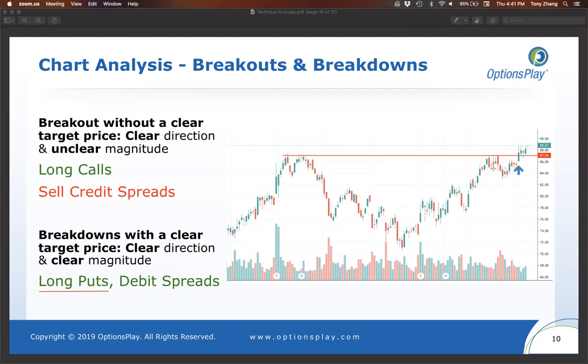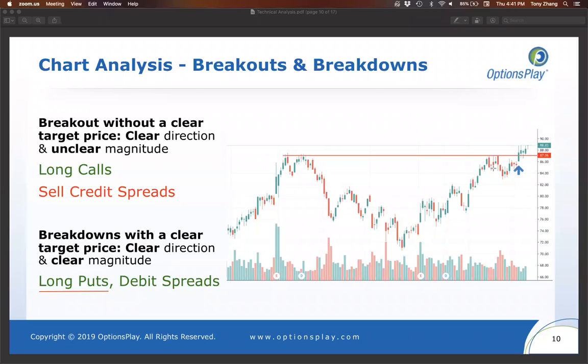We usually say stocks will take the stairs on the way up and then take the elevator on the way down, meaning big moves to the downside typically happen more violently and faster than they do to the upside. So whenever a stock breaks below a support level, buying puts is a simple way to play that move to the downside.